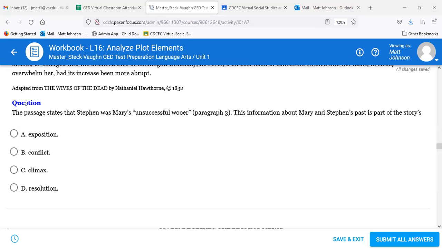And exposition doesn't always have to be a whole paragraph or a bunch of sentences about something. Unsuccessful wooer is telling you something about their past, these two people's past. This guy was interested in her and was trying to gain her attention. And so the whole thing is playing out that way, right? So it's A, exposition for number 7.